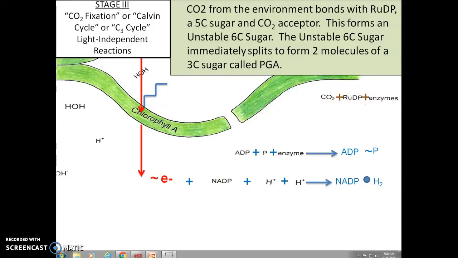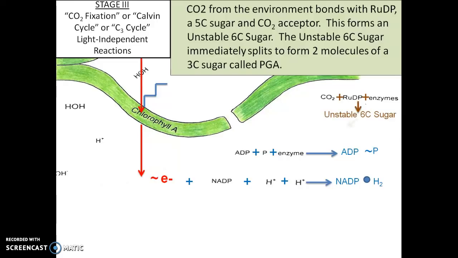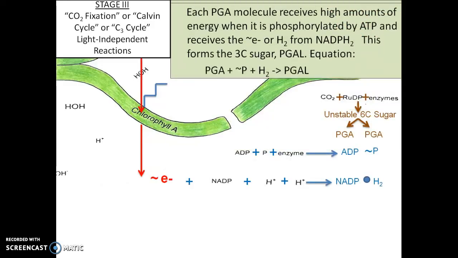And when this happens, we get a sugar, and it's an unstable 6-carbon sugar. We don't even name it because it immediately breaks down into 2 molecules of PGA, right, which is one of your vocab words.